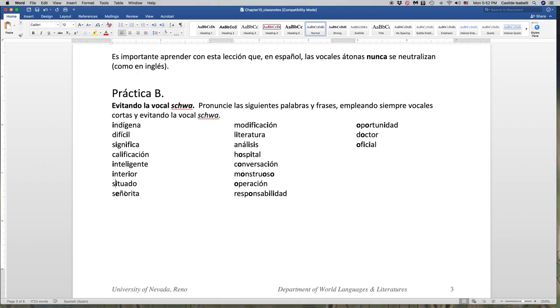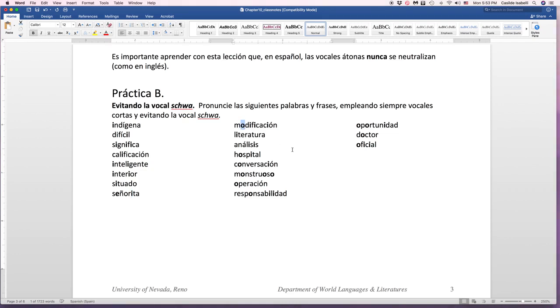Situado, señorita, modificación, literatura, análisis, hospital, conversación, monstruoso, operación, responsabilidad, oportunidad, doctor, oficial.